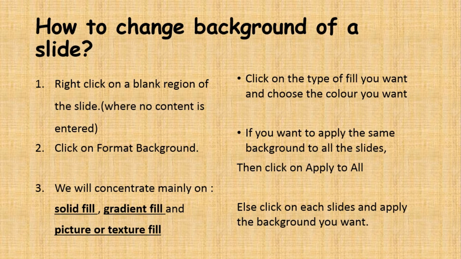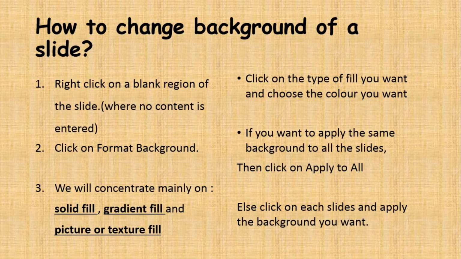You choose the type of fill you want to apply and the color you want. If you want all your slides to have the same background, then you click on Apply to All, else you choose each of your slides and apply a different background.